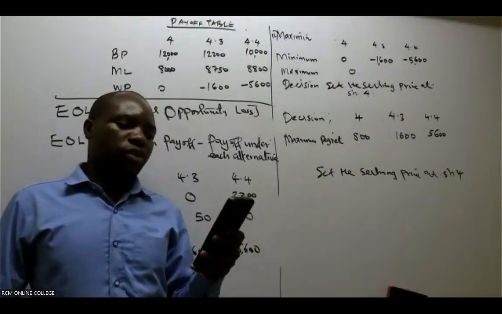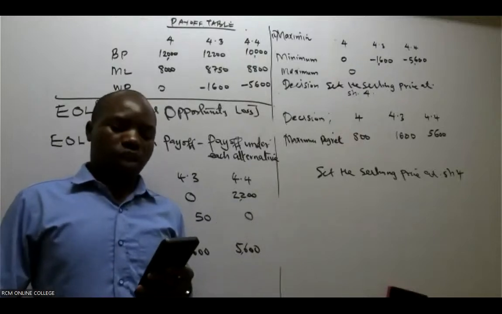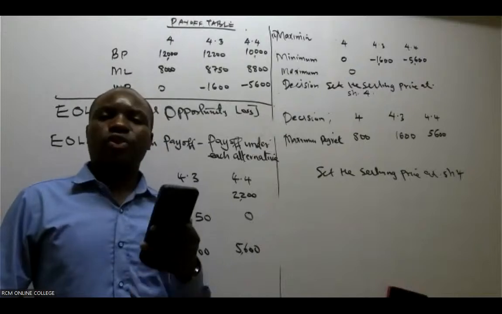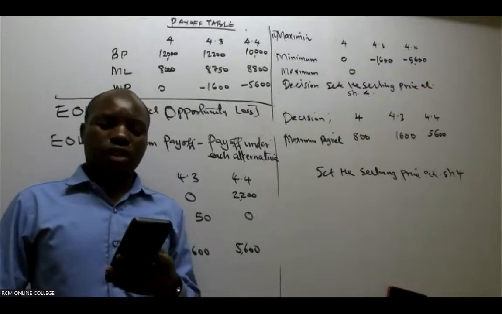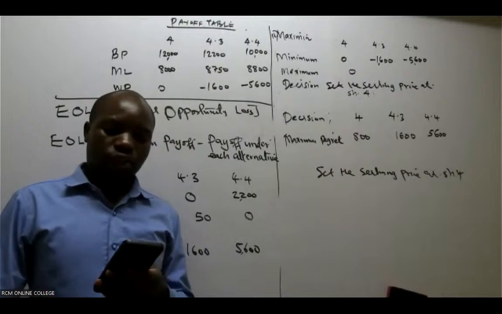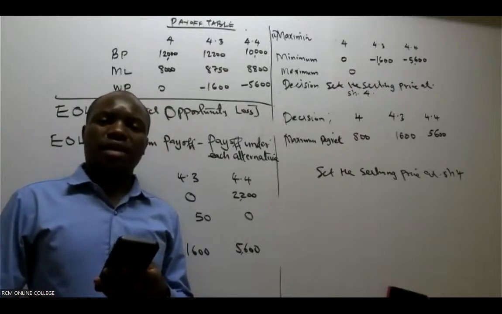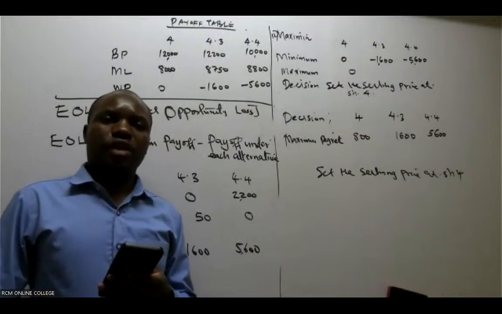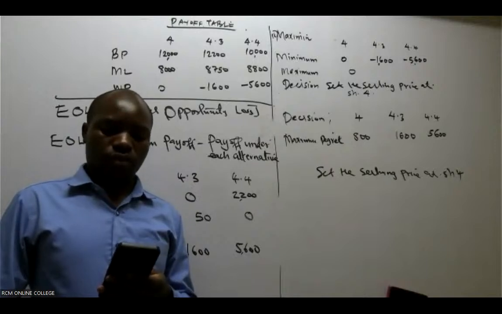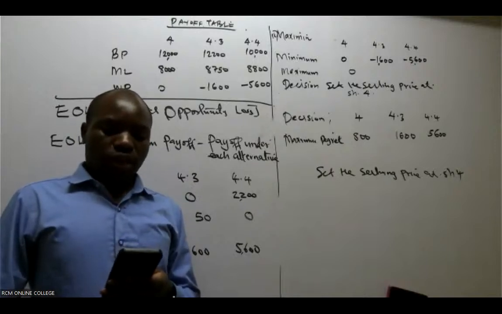Should they give you probability, you use what they have given you. If they don't, then you use that ratio to calculate Laplace and at the same time calculate expected monetary value. That's what we are required to do.